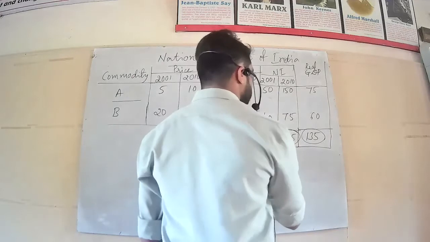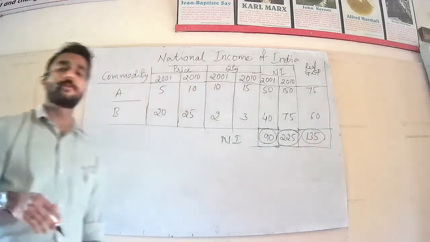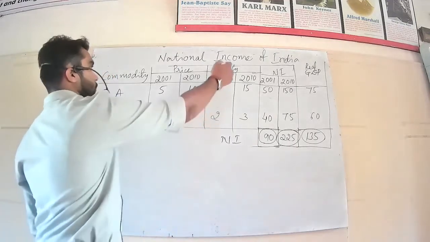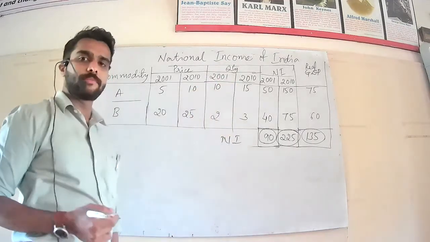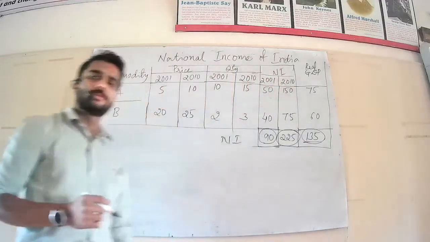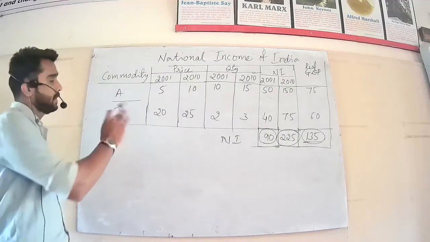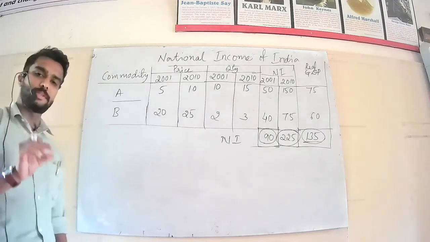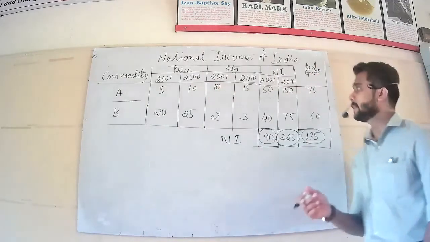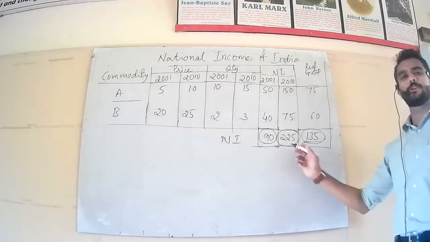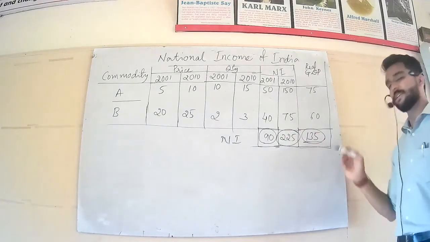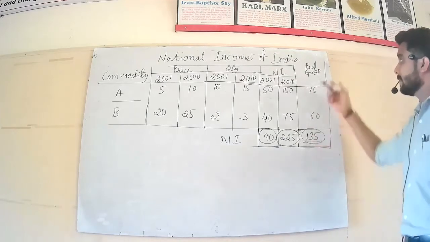But what about the actual GDP that has increased due to the increase in the quantity of production? That is only 135 crores. So when we take base year price levels as the measuring standard for calculating current year changes in the national income, that national income accounting is called the real GDP.